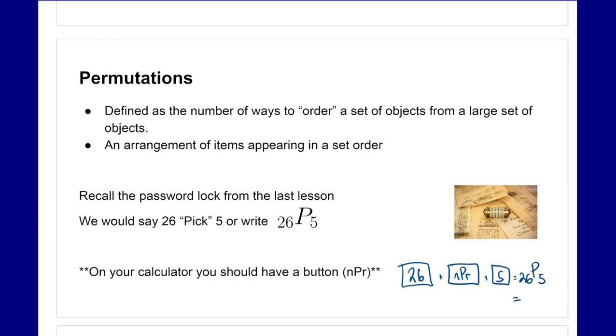And that would give us our answer of 7,893,600. And this is assuming no repetitions. So factorials and permutations assume that there's no repetitions because, again, factorial is the one number multiplied by the number after it, multiplied by the number after it, and so on, which essentially means there are no repetitions allowed.